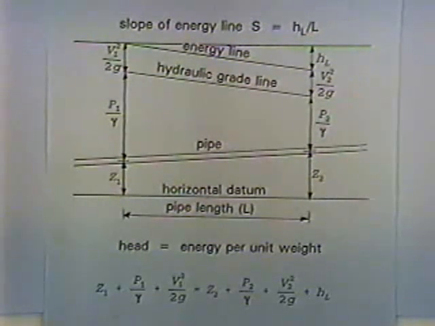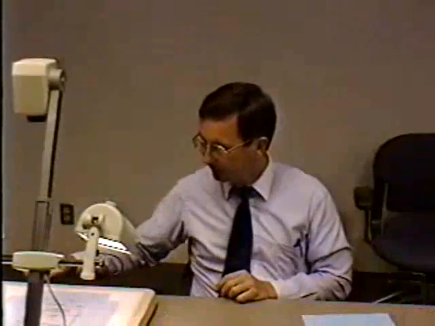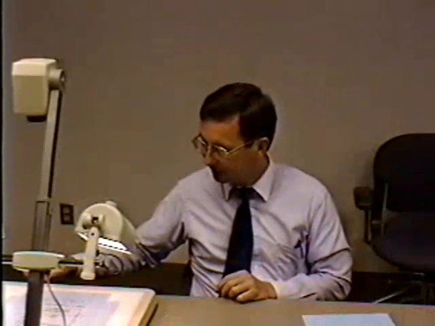And so that makes the units come out nicely. The elevation head is in meters or feet, and the pressure head is in meters or feet, and the velocity head is in meters or feet. So head is usually more convenient to work with than energy itself in foot-pounds per pound or Newton meters per Newton. So basically a matter of trade-offs here.